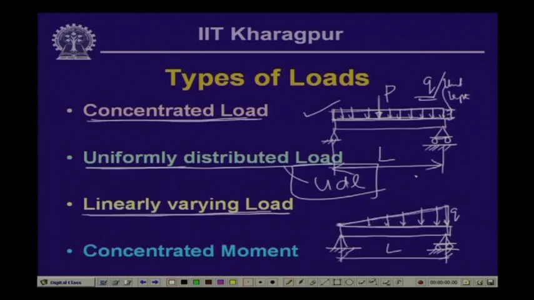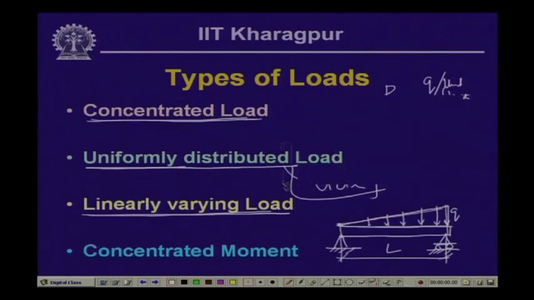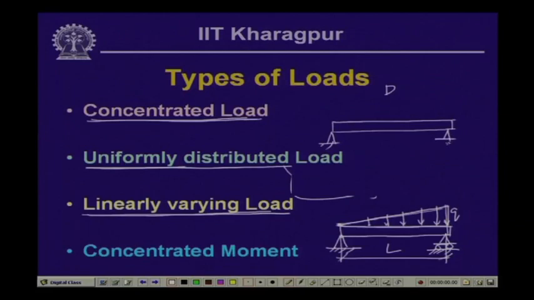Now, it can be of different types. It could be in the form indicated over here, or we could have a loading which is varying in this form, or we can have the loading on the member varying in a trapezoidal form.